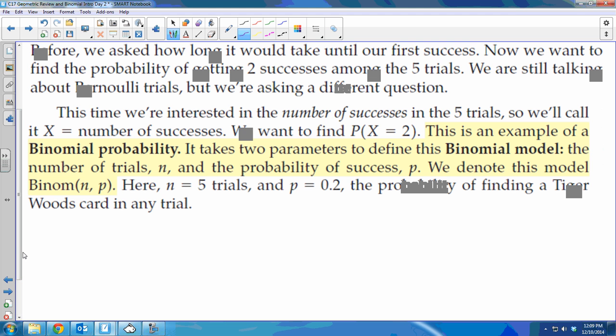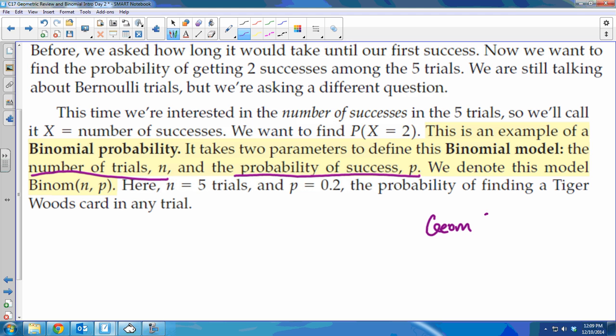So the binomial model, you have a number of trials, n, which you didn't have in the last one, we just had p. And we still have probability of success, p. So the geometric model, n was not there, we just had p. You know how we say geometric model, like we say geometpdf, and you would put the probability of success there? If we're talking about the binomial model, you do binom n comma p.